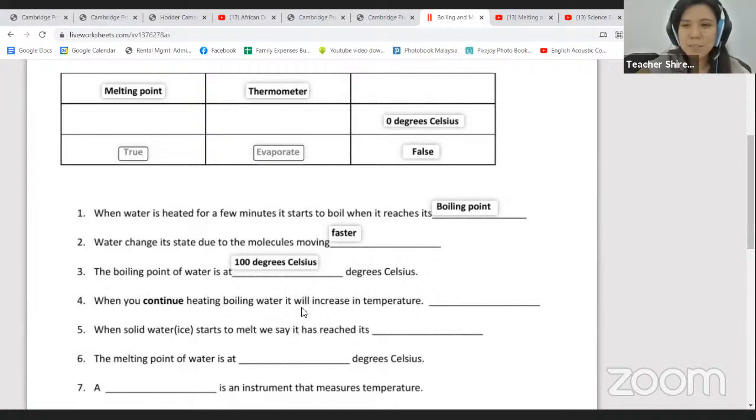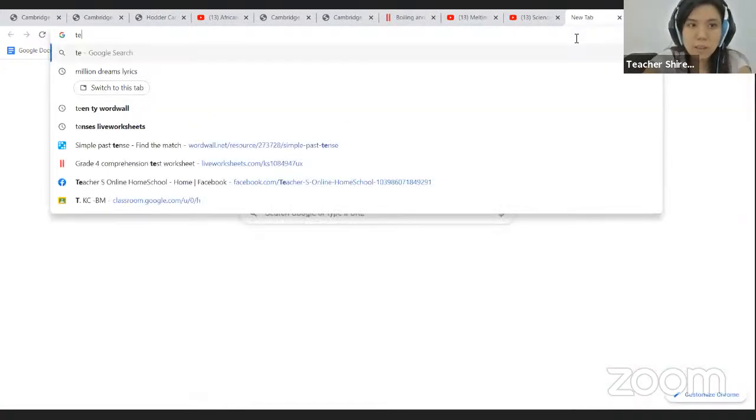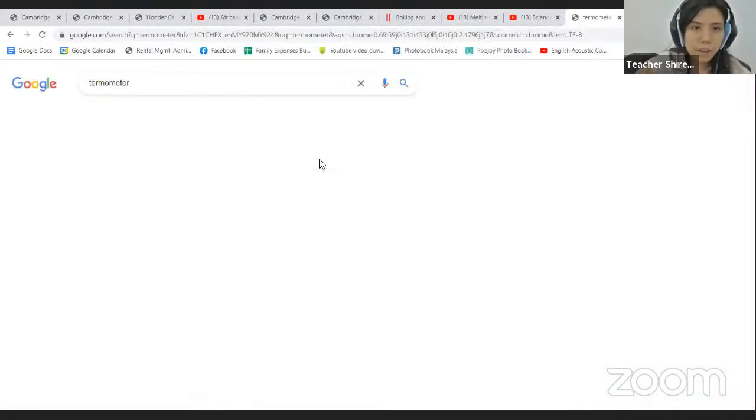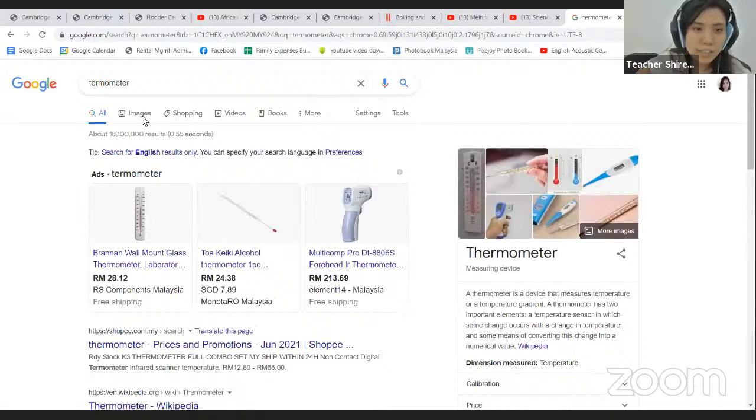Okay, boiling point is the maximum. There's nothing higher than 100. That's why you use a thermometer. You see it's maximum 100. Let me show you the thermometer. Okay, for water, that is the case.